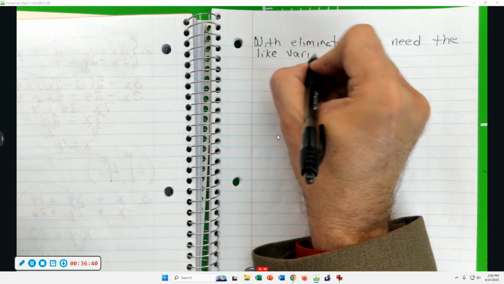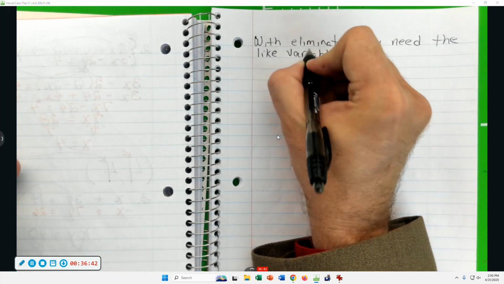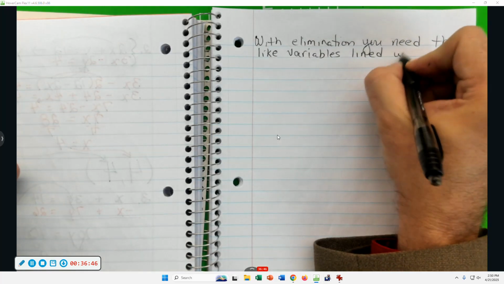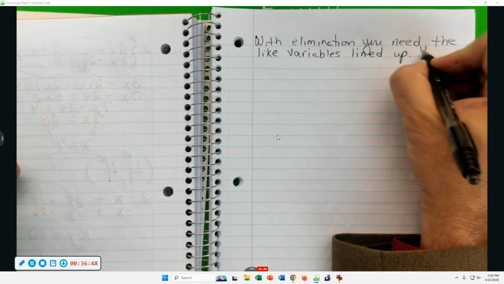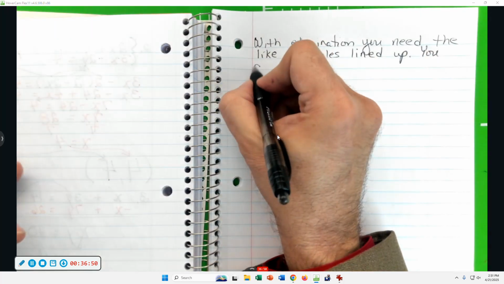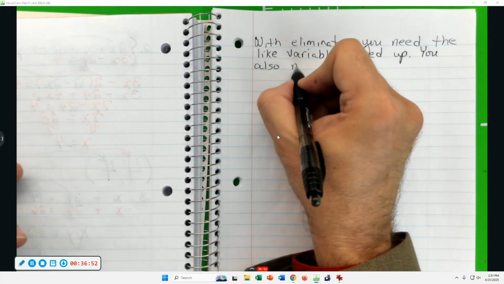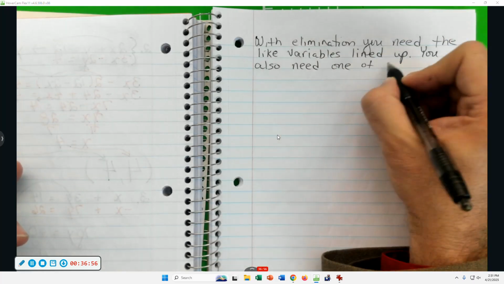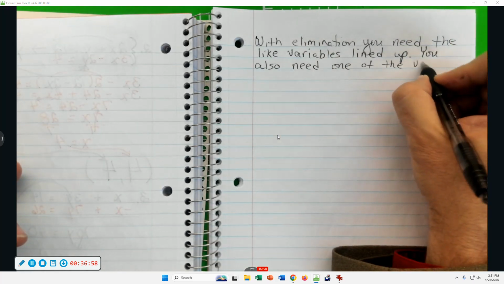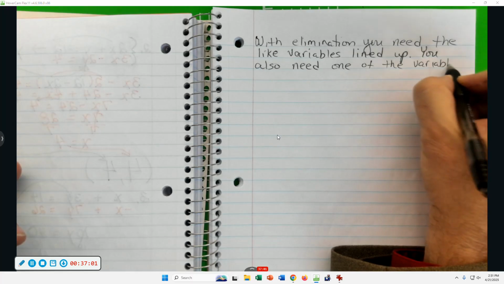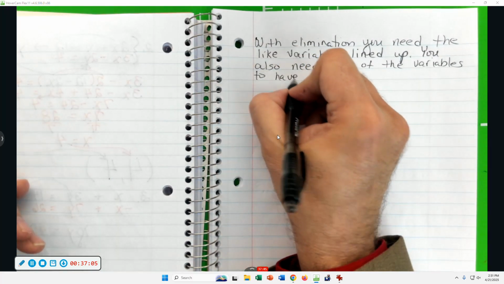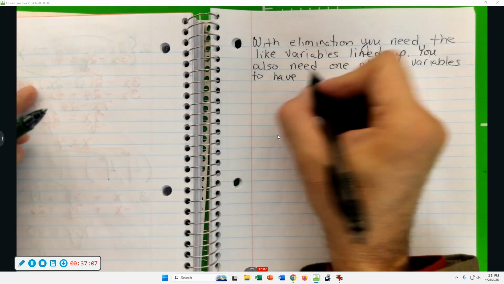Like variables lined up, okay. You also need one of the variables to have the same coefficients but with opposite signs.